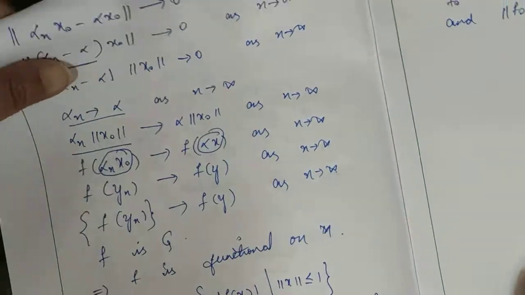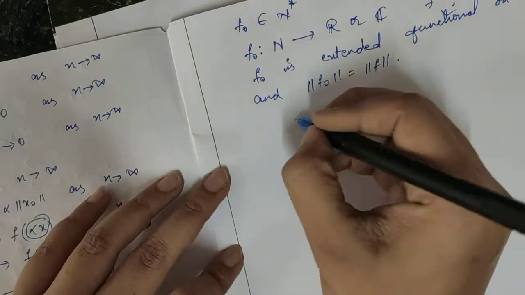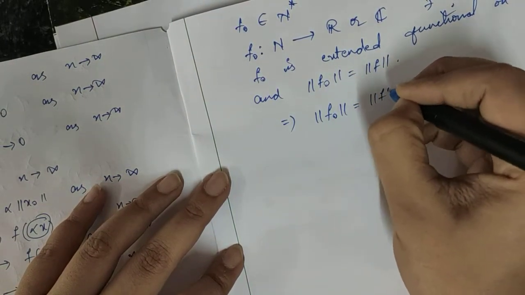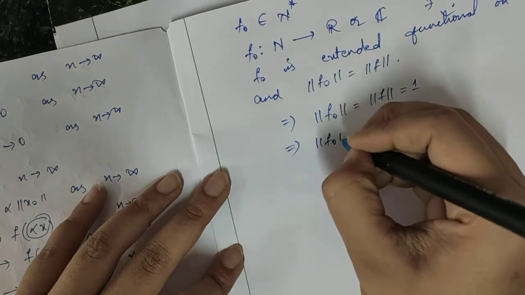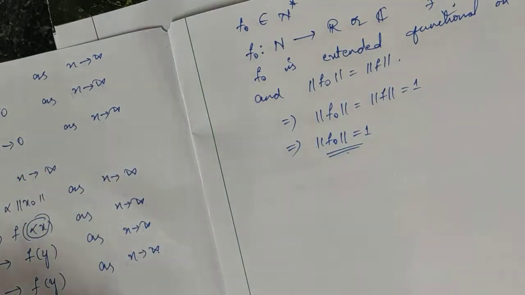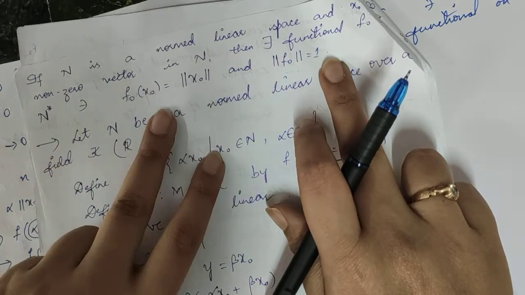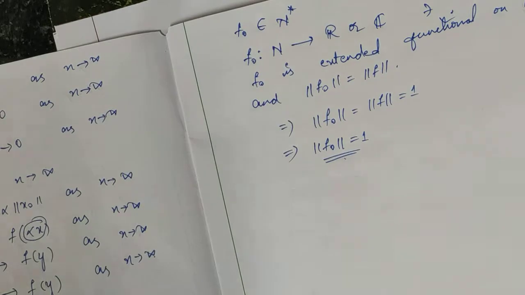We have already proved that norm f is equal to 1. So that implies norm f naught is equal to norm f is equal to 1. So I can directly write that norm f naught is equal to 1. Now from the statement this point is clear. I have to prove f naught of x naught is equal to norm x naught, right?